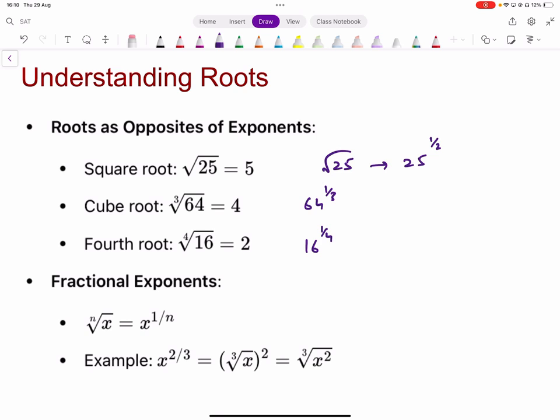Now you can go the other way around as well. If you have x power 2 over 3, the power that is in the denominator, you can think of that as a cube root. So it becomes cube root of x squared. This thing, x power 2 over 3, can be written like this as well, cube root of x squared. Does that make sense?